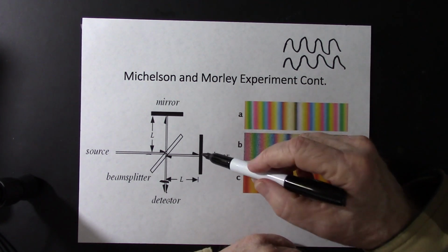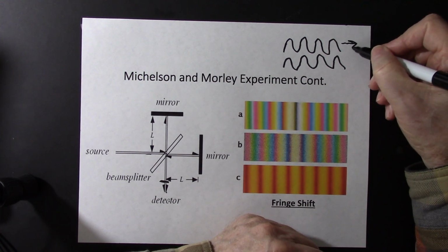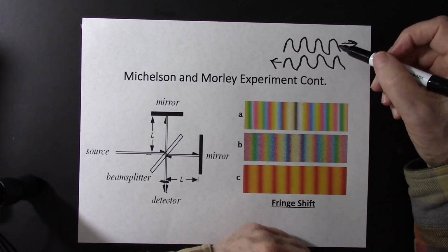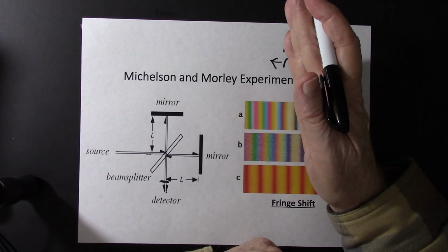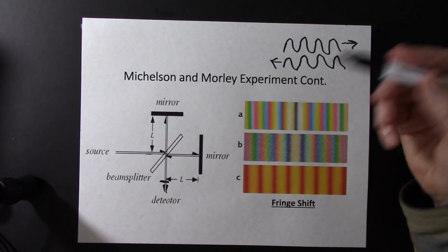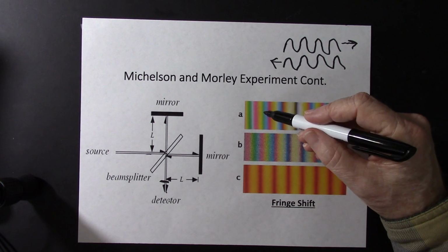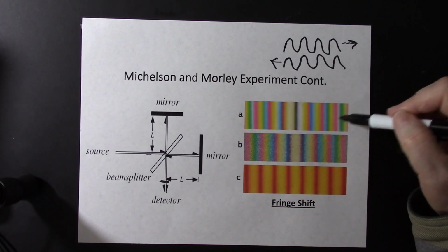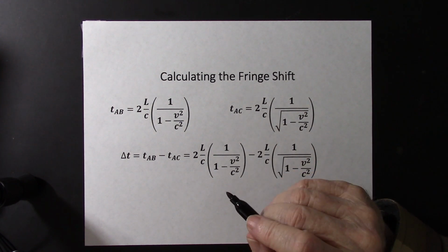But if the ether existed, if there was a flow, then one of the waves would speed up and the other one would slow down. And that would cause the crests and troughs to move past each other, and that would cause the shifting in the fringes. And that's what they were looking for. If the ether actually existed, they'd see this shift in the fringes, and if it didn't exist, they wouldn't see anything.